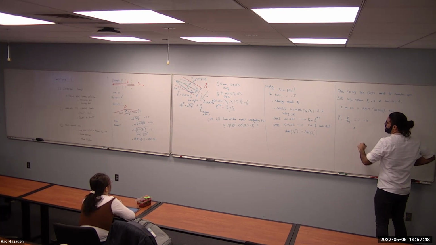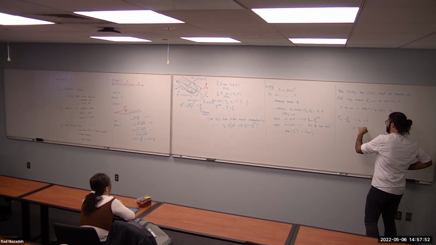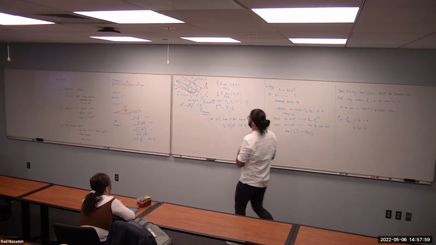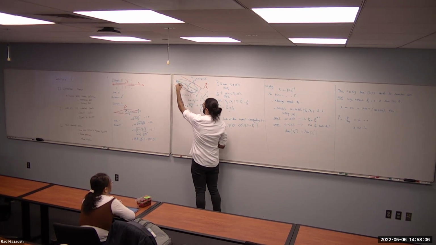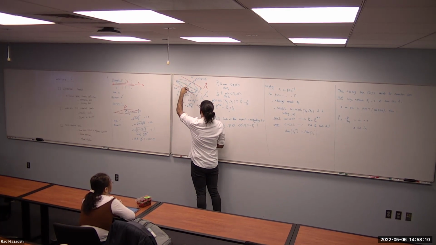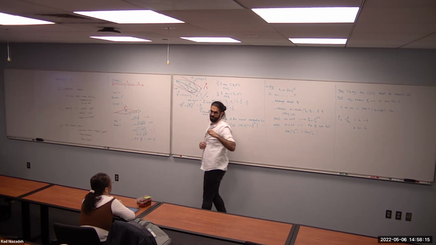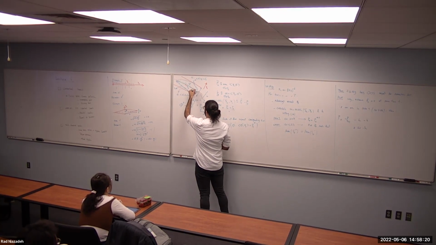And L, I claim it is at least W, the width of the curve, the width of the potato. Why is that? Because you're going to move from here to somewhere here, the distance is W over 2, and then you have to come back. Pythagorean theorem, so the shortest way of getting to this surface and coming back is going there and coming back.